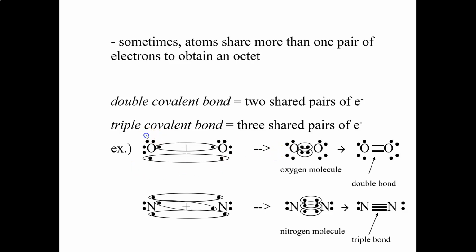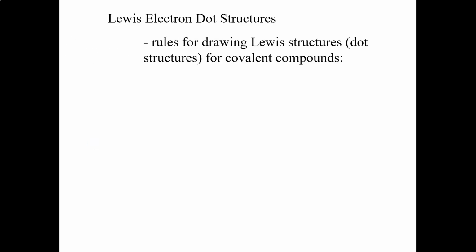Okay, so these structures that we are drawing are called Lewis structures, named after the man who came up with this whole idea of how to draw them. So, the rules for drawing Lewis structures for covalent compounds, we're going to go through them one at a time.